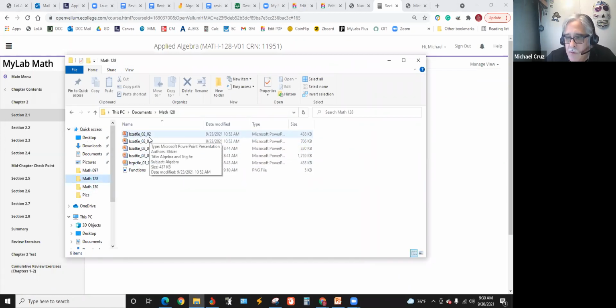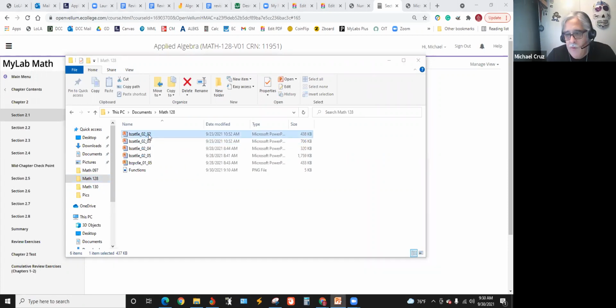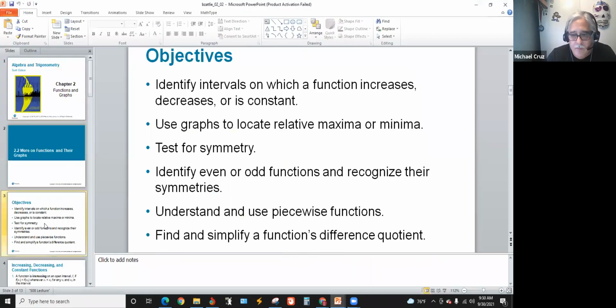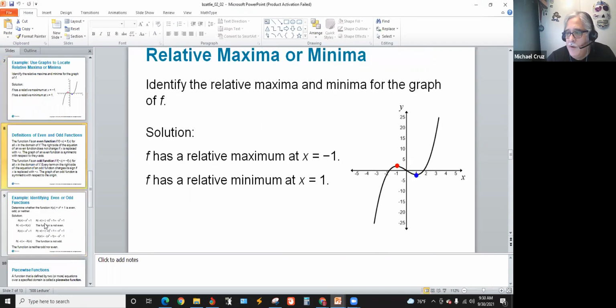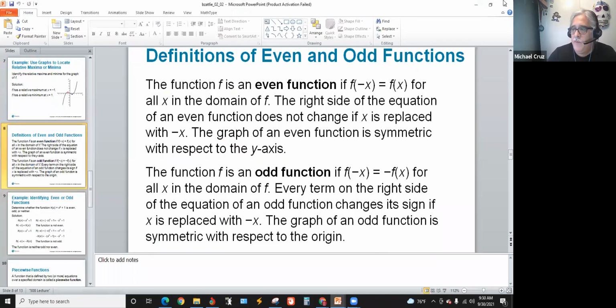Let's see, was it 2.2 or 2.3? Funny thing is, I go over this in my math 130. Yeah, there we go. So a function is even if f of negative x is the same as the original function. That's what that means. So if we substitute negative x in for x in that function, if it looks just like it did before we did the substitution, then we're all right.